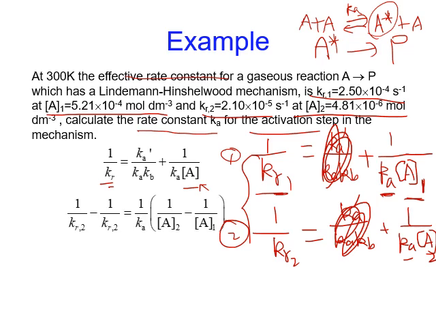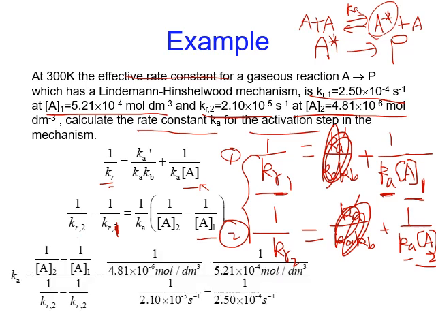So we have this equation: 1 over Kr2 minus 1 over Kr1 equals 1 over Ka times 1 over A2 minus 1 over A1. Plugging in all the data given, we can calculate Ka. The activation step Ka is 4.72 cubic decimeter per mole per second.